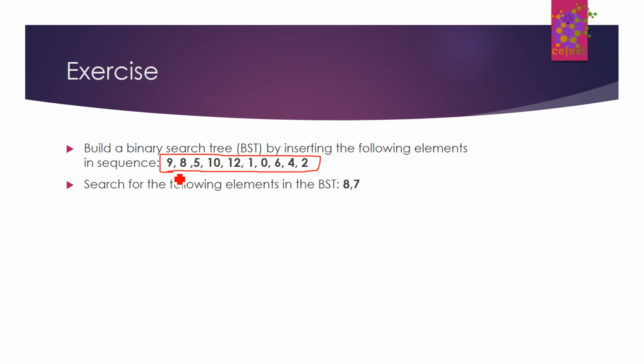Next, search for the following elements in the BST. See how the tree looks and what the different steps are that get executed if the element is present or not: 8 and 7.